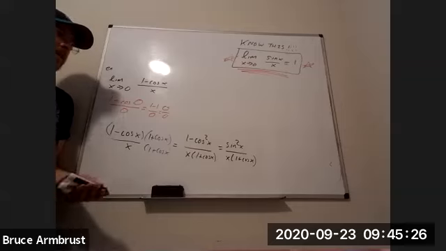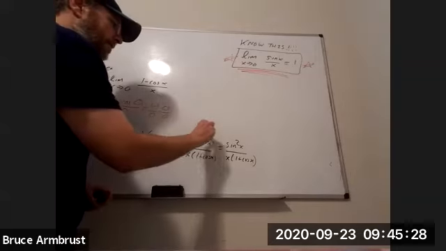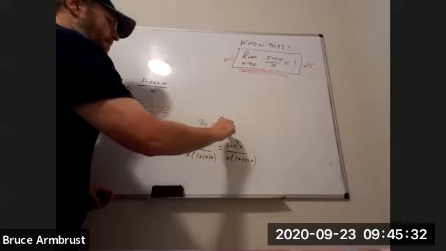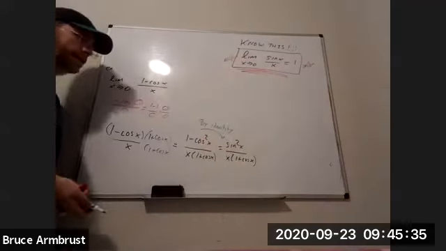So that was the Pythagorean identity. Let me just put here, by an identity.